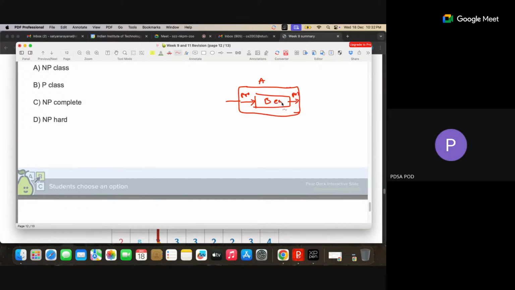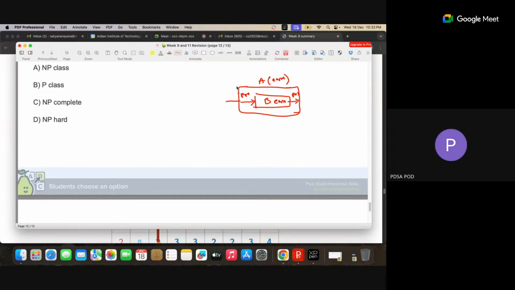If B is easy and A is reducible to B, then A is also easy. If B is hard, A is also hard, because you are trying to reduce A to B. When B is hard, A is also hard; we cannot solve it.